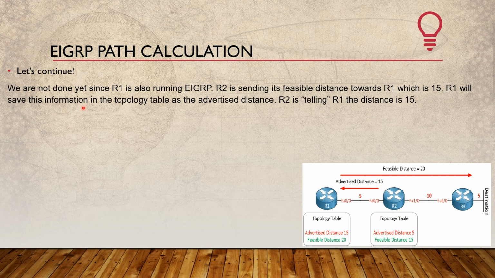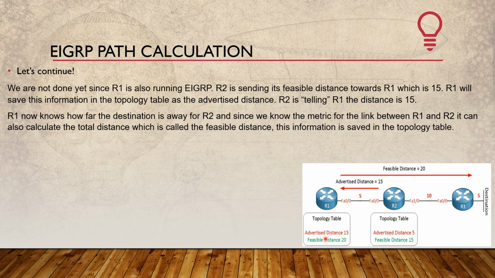Now R1 will save the information in the topology as the advertised distance. R2 is telling R1 that the distance is 15. That advertised distance will be saved. Now R1 knows how far the destination is from R2, that is 15.